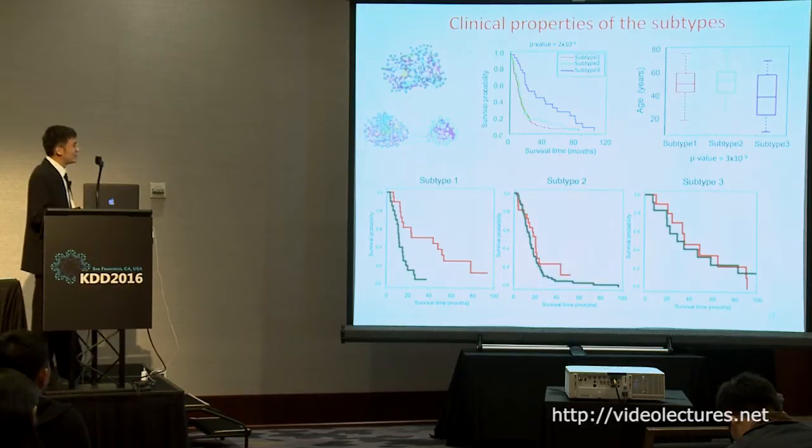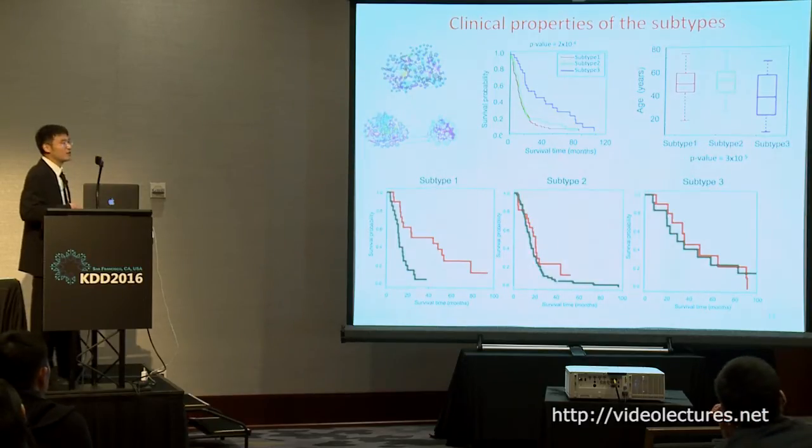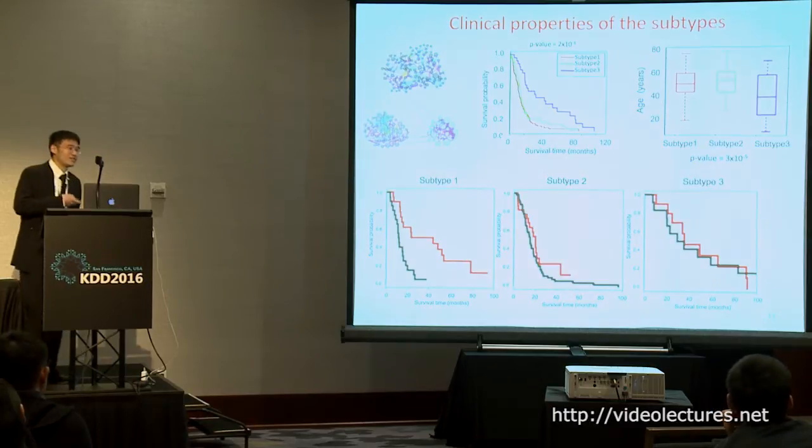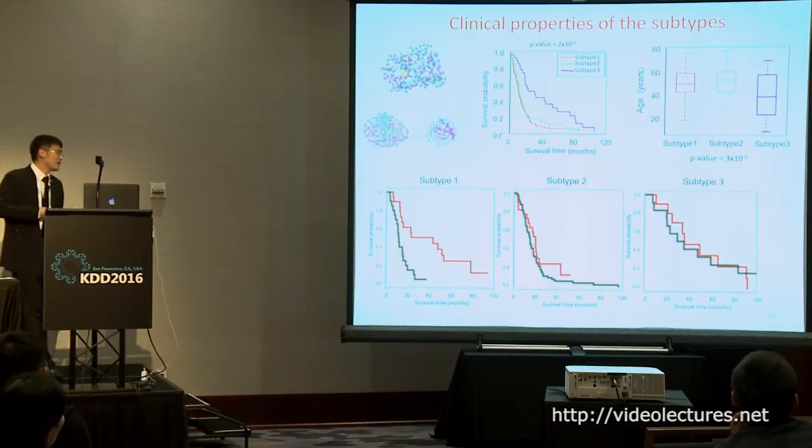Another very interesting observation, right? Although subtype 1 and subtype 2 are similar, the age is very similar, it seems that TMZ is very effective for subtype 1, but not very effective for subtype 2. So these are two observations. One is that group 3 is very young, and the second is the different response of subtype 1 and subtype 2.